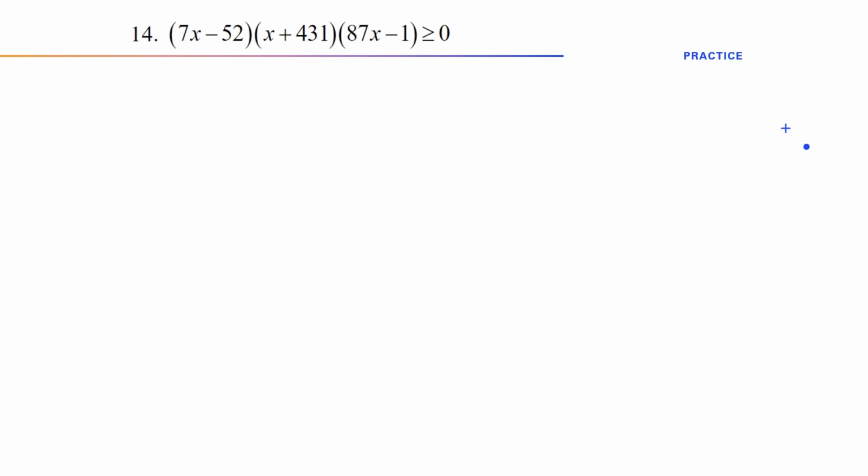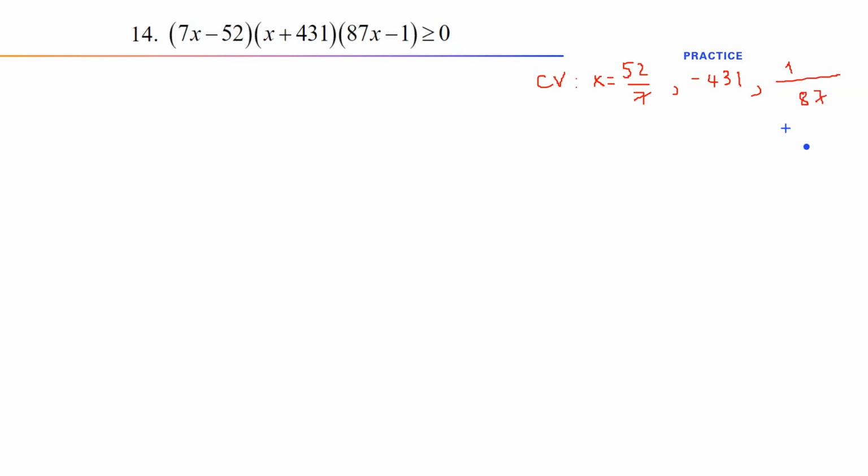This one is already in the zero factor form, so we just find the critical values by solving for each factor equals 0. So now the critical values, we have x equal 52 over 7, comma, we have x equal negative 431, comma, we have x equal 1 over 87.